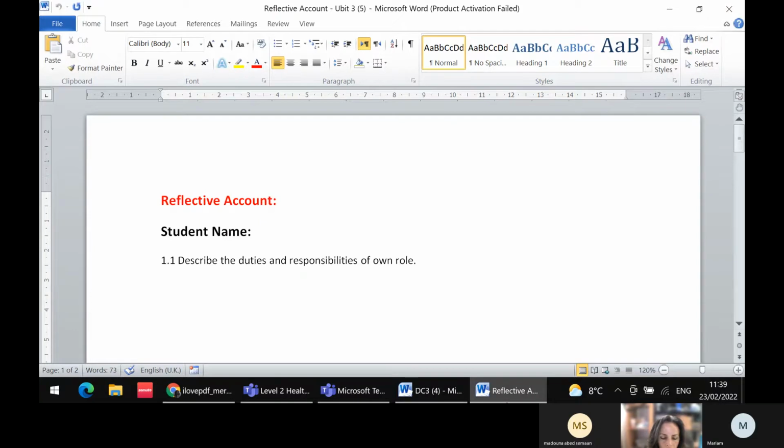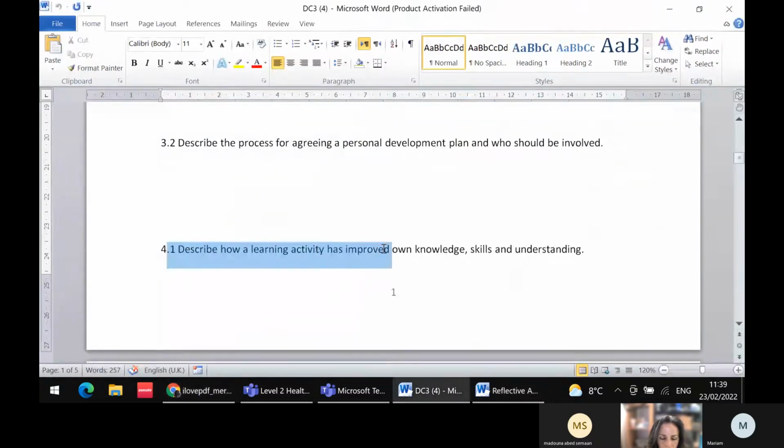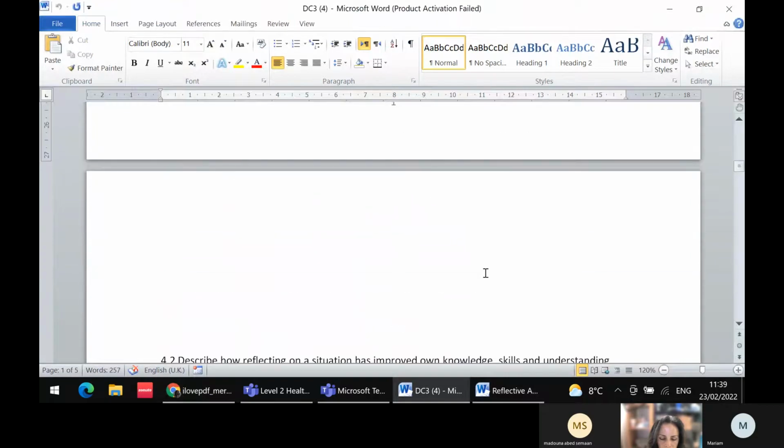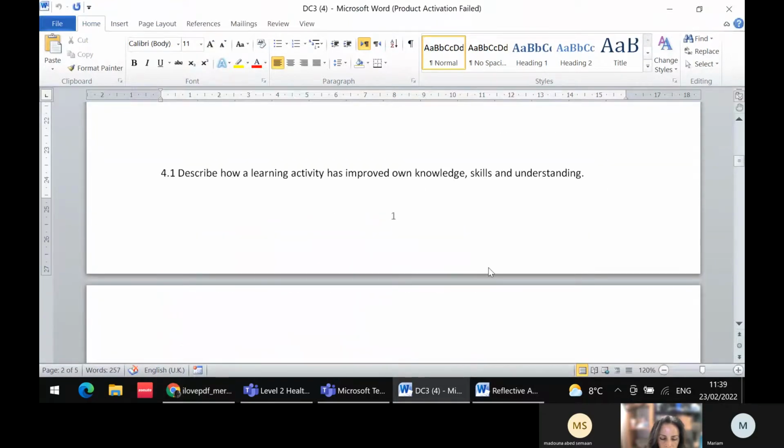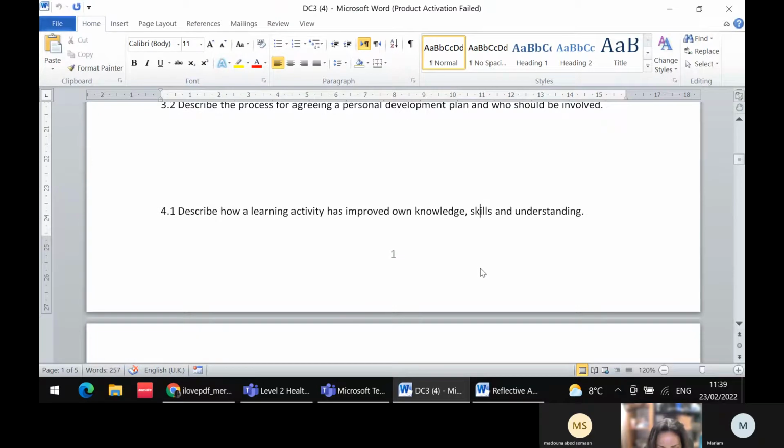Now describe how learning activities has improved on knowledge and experience. So how learning activities has improved on knowledge and understanding.